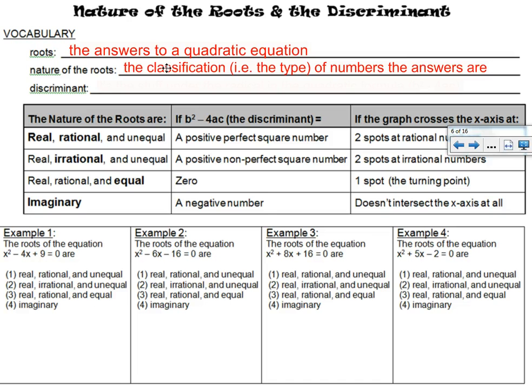So it's the classification, i.e. the type of numbers the answers are. And lastly, the discriminant. This is another key vocab word. As I already told you, that number underneath the radical is so special, it has its own name. The discriminant is actually the name of the part under the radical in the quadratic formula. So the b squared minus 4ac part under the radical of the quadratic formula has the name discriminant.